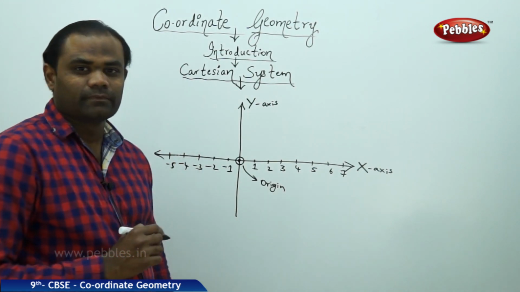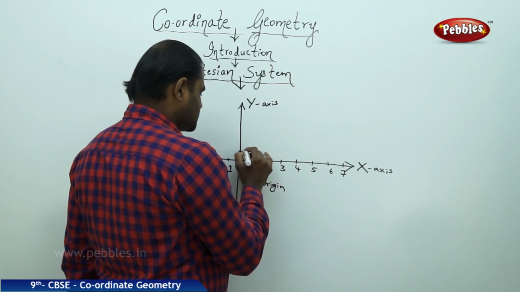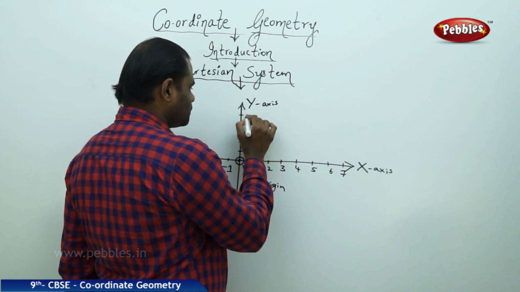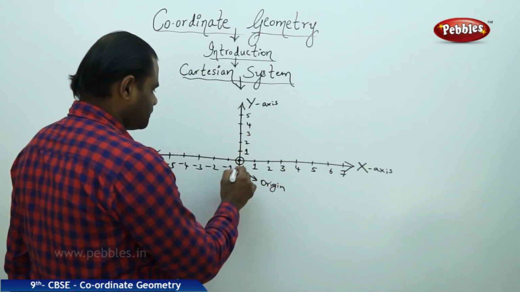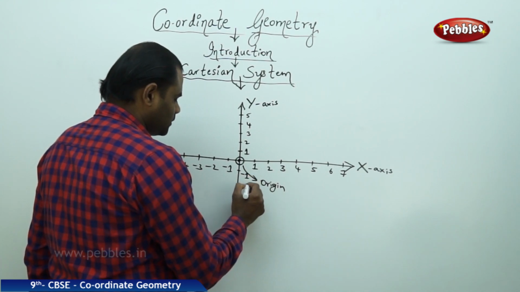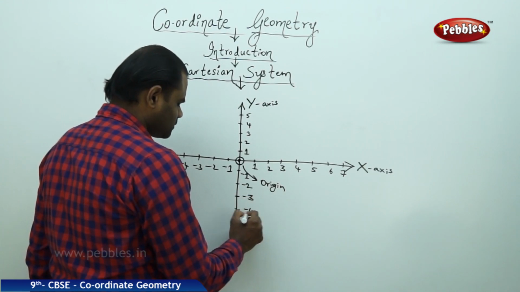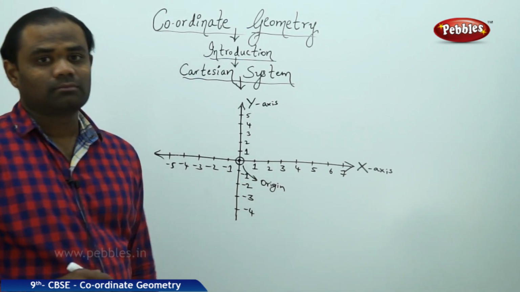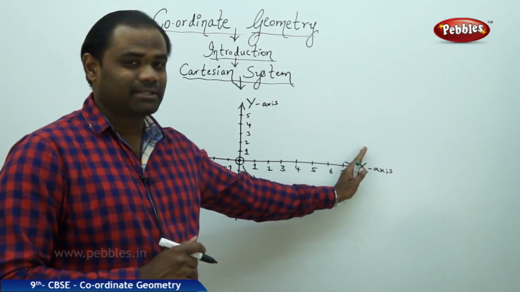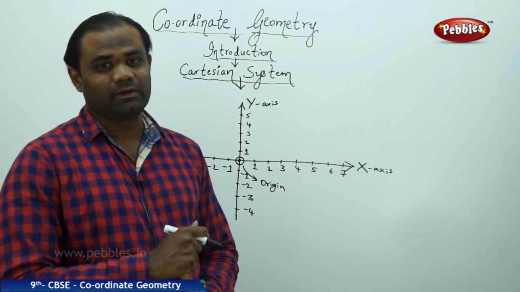Similarly, all the values on the positive side of the y-axis are defined as 1, 2, 3, 4, 5, etc., and downward they are -1, -2, -3, -4, -5, etc. Therefore, I have positive x values, negative x values, positive y values and negative y values.